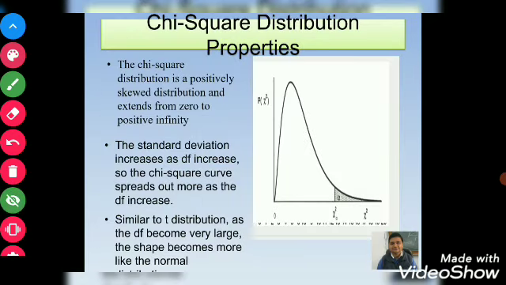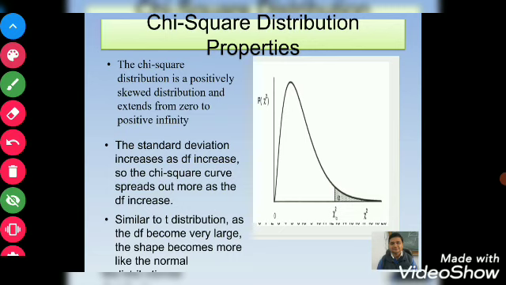Now just see the properties of the chi-square distribution. We have seen the properties of the T distribution, F distribution, Z distribution, normal distribution, Poisson distribution and binomial distribution. Similarly, here I have listed the properties of the chi-square distribution.